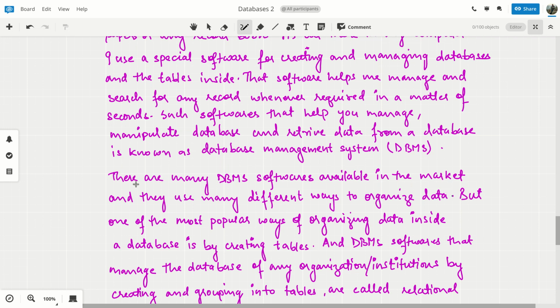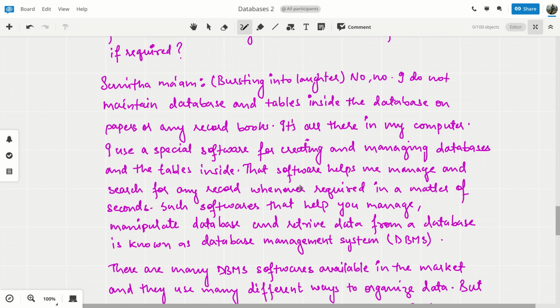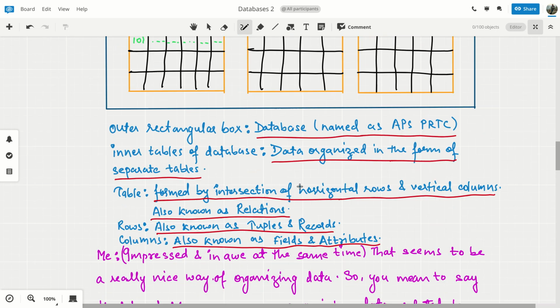So she further went on to explain there are many DBMS software available in the market and they may use different ways to organize data. But one of the most popular ways of organizing data inside a database is by creating tables, like what she drew here.